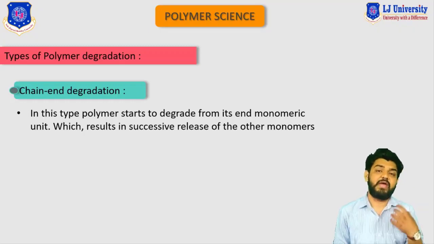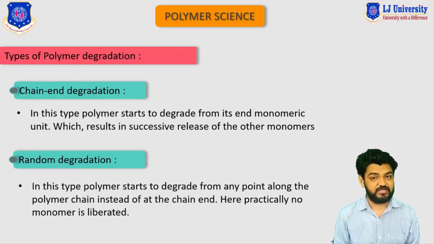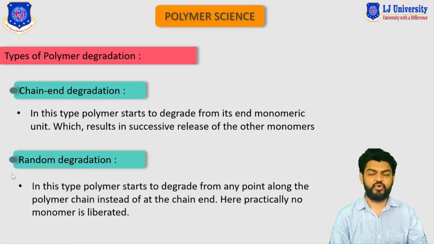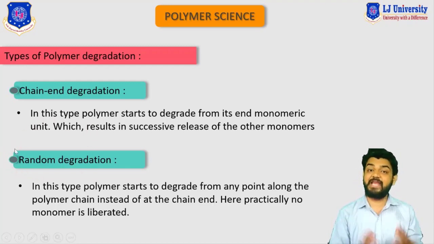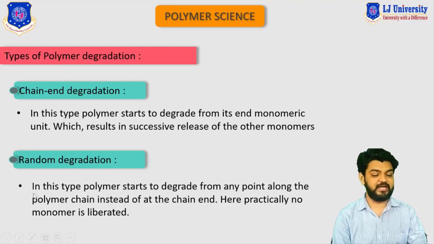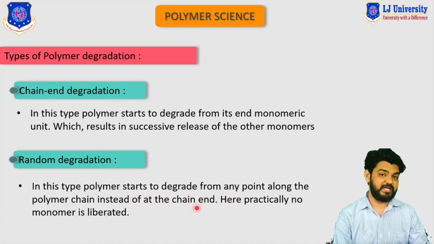Now let me introduce the second type of degradation, and that is random degradation. You can make out from the name that this degradation is random, so it can take place anywhere in the long chain. As you can see here on the screen, in this type the polymer starts to degrade from any point along the polymer chain instead of the chain end.